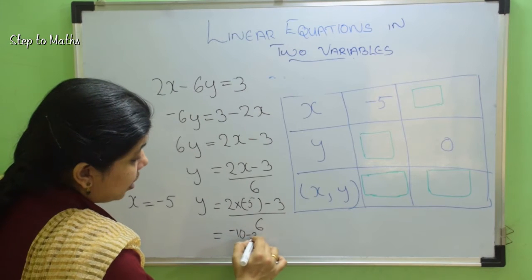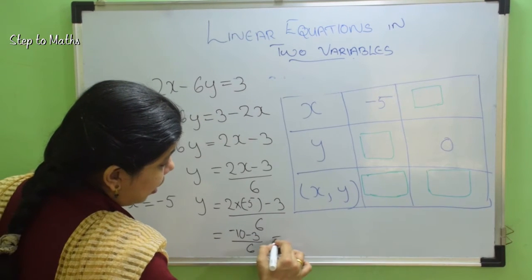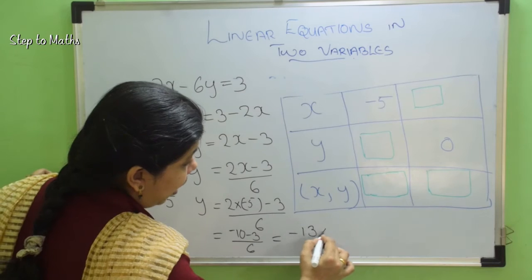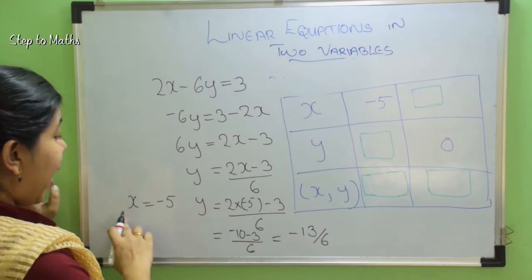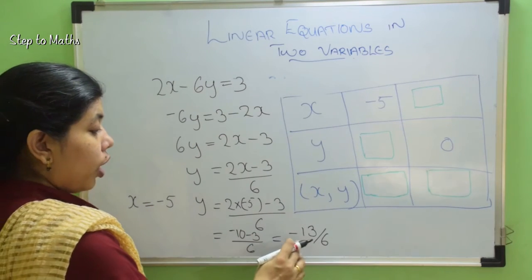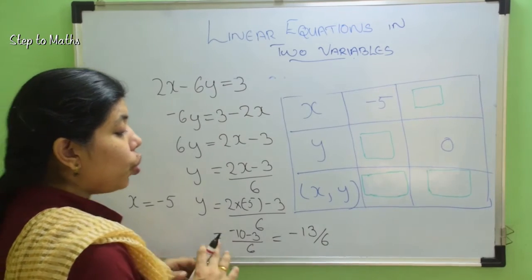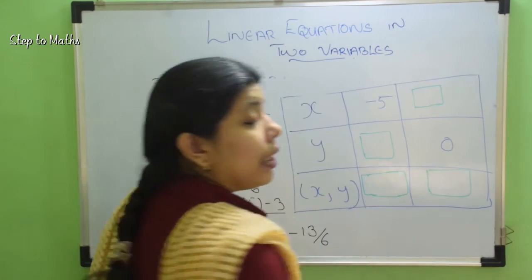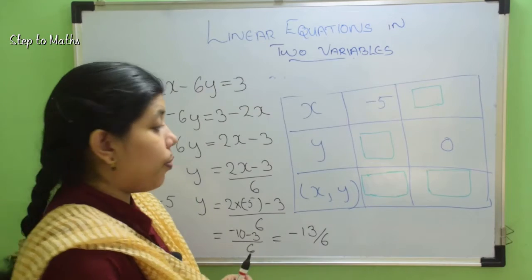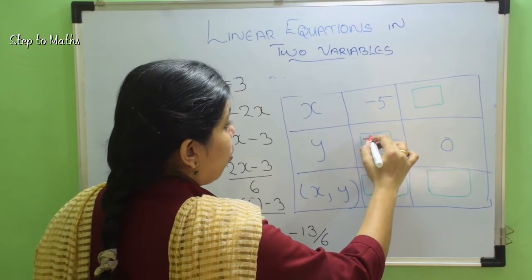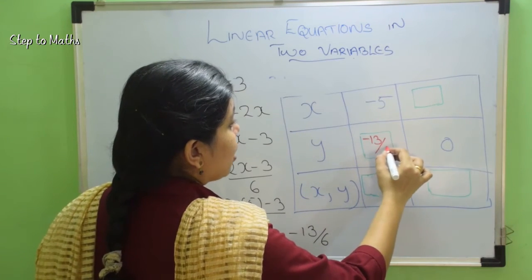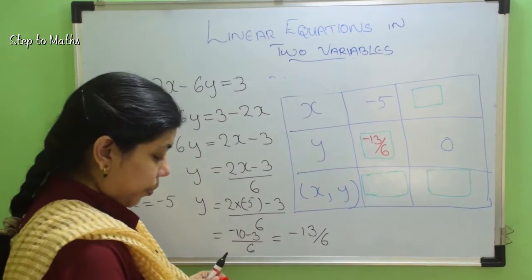Minus 10 minus 3 upon 6 is equal to minus 13 by 6. When x is equal to minus 5, the value of y is equal to minus 13 upon 6.